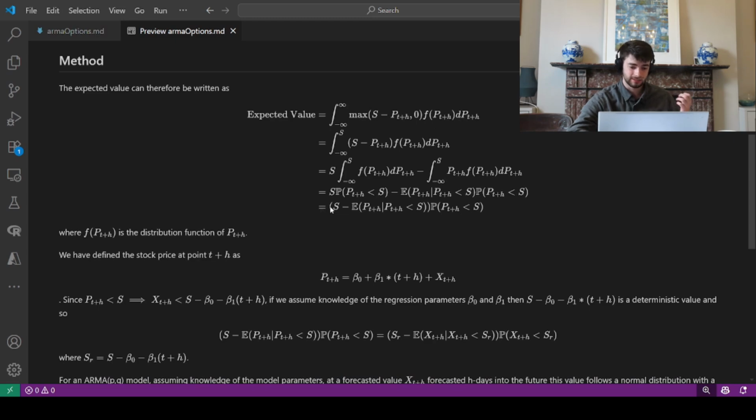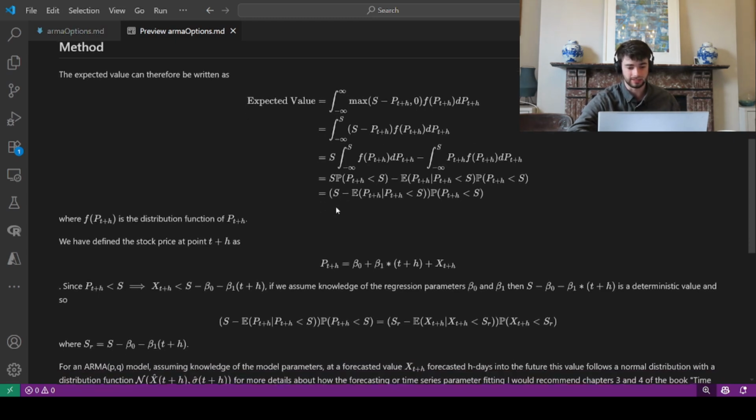And this basically simplifies into this neat little equation here, which is basically saying that the value of this option is the probability that our price at a time t plus h is less than strike price s. So it's the probability that it's profitable times the expected value of the option given that it's profitable.